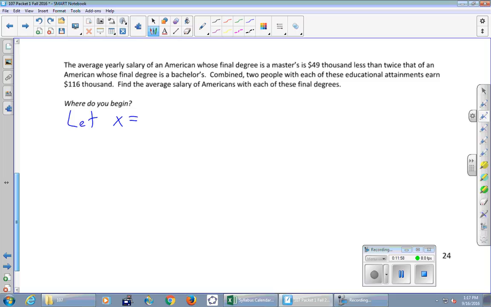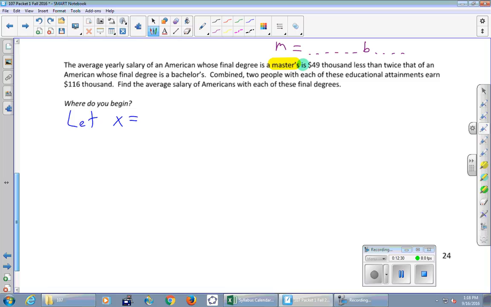And so armed with my two choices, I'm just going to look at this sentence again. It says master's is. That's all that I need to see. There's complicated stuff after the word is, but I know that is becomes what in an equation? Is the equal sign. So wouldn't it be lovely if it was something like, all right, so what they're telling me is that the master's is something, something, something with the bachelor's degree in it, right?